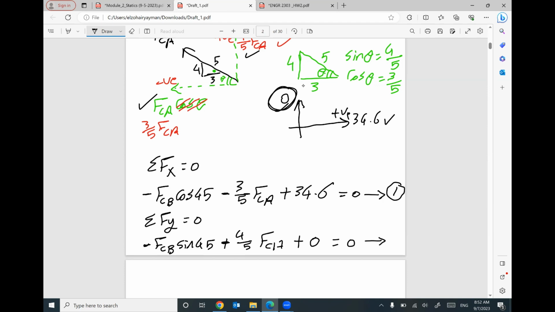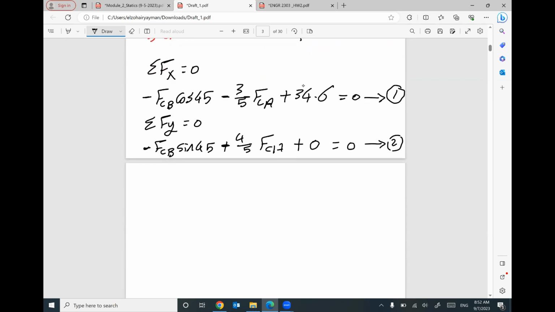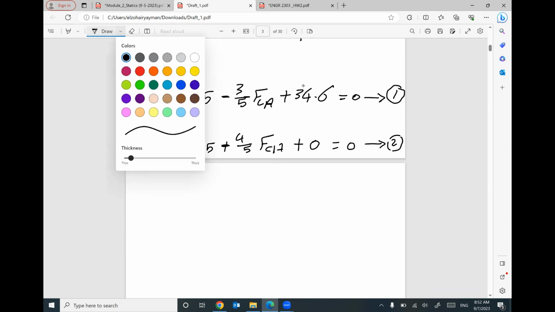This is equation number 2. Go ahead, this is math. The next step is just math. Go ahead and solve these two equations together. I will help you to do this.